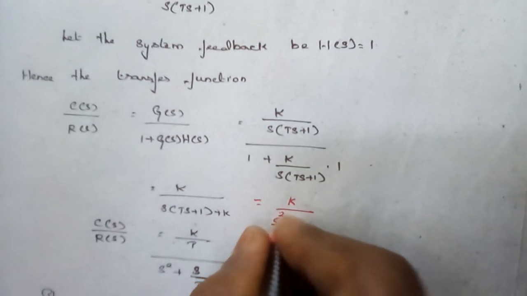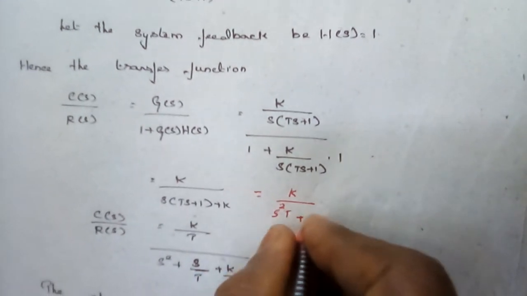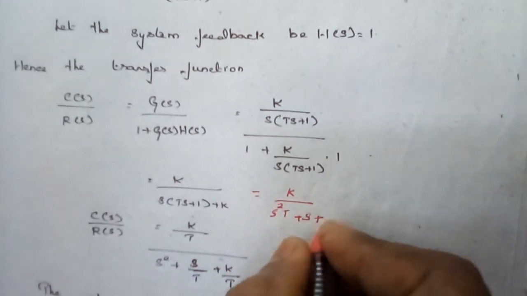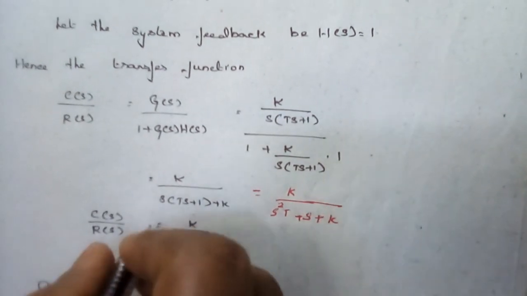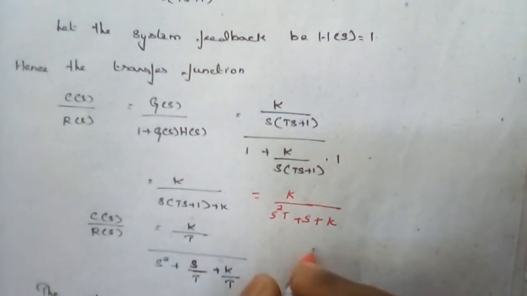We have obtained this from k divided by s square t plus s plus k. This is the function which we get equivalent to this.